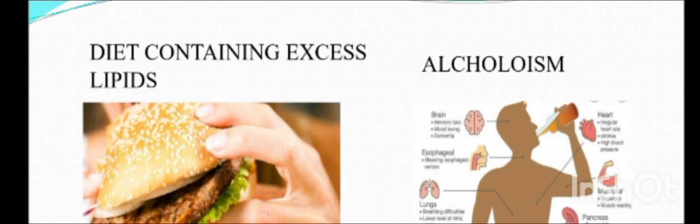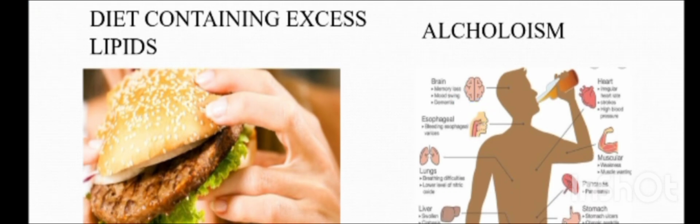You may not suffer suddenly, but in your later ages it can lead to increased chances of stroke. So a diet containing excessive fat. We also have some amount of fried food, but if it is excessive, then that also is harmful.